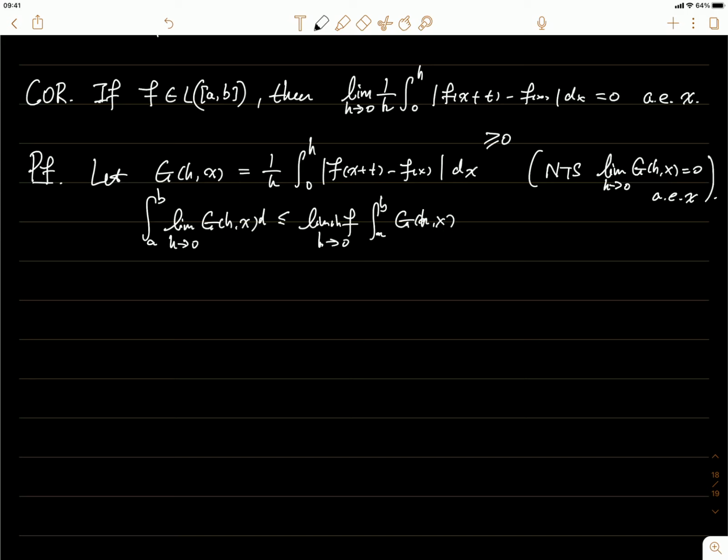So this is the integration over x. And on this side, we know that this is greater than or equal to 0. On the other hand, we know that the limit of this actually exists. This is what we proved in the previous theorem, the theorem two above this.